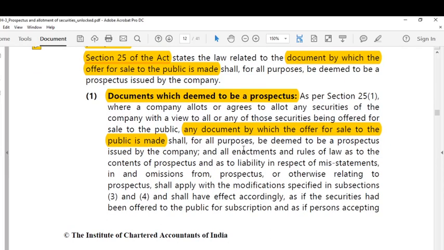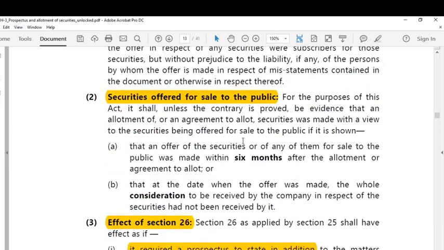And whatever the provisions that are applicable in case of a prospectus will also be equally applicable to a deemed prospectus, which means to say in case of any misstatement or any omissions or any contravention to the provisions of this act, whatever is applicable to a prospectus is equally applicable to a deemed prospectus.